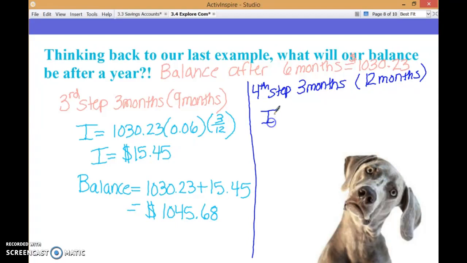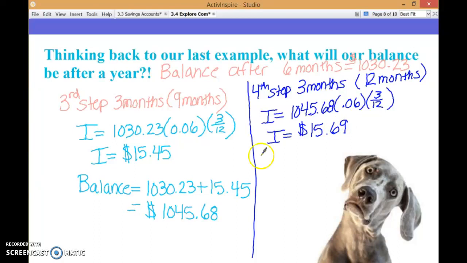Same step, interest equals principal. I take my principal or my balance from my last step after 9 months, so it's 1,045.68. Rate stays the same, time stays the same. I'm just doing it for another 3 months. When you plug that into your calculator, you should get $15.69.